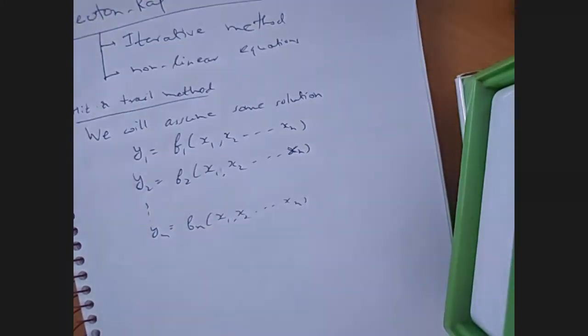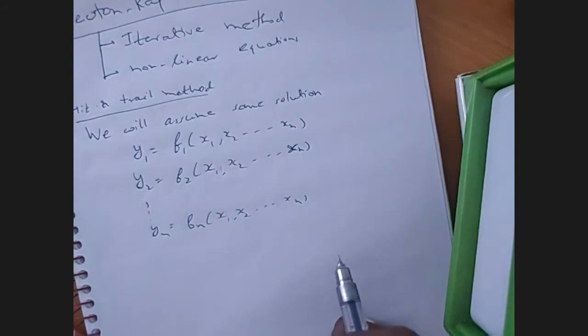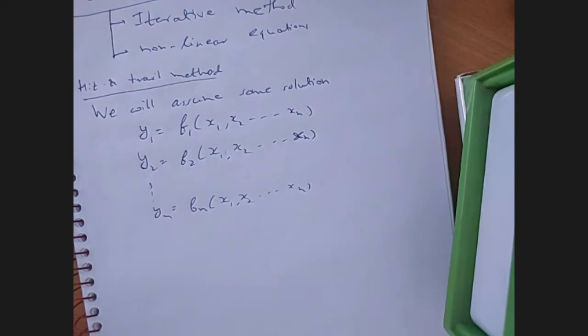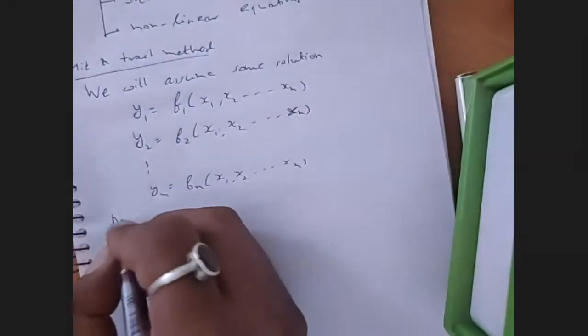These are non-linear equations, and y1, y2, yn are specified quantities, and we have unknown variables x1, x2 up to xn. Now we have to find the solution of these equations, that is x1, x2 and xn. So what we do, we will approximate a solution.